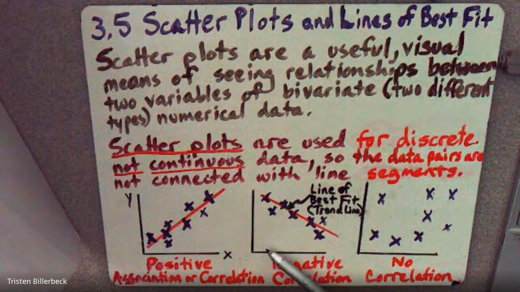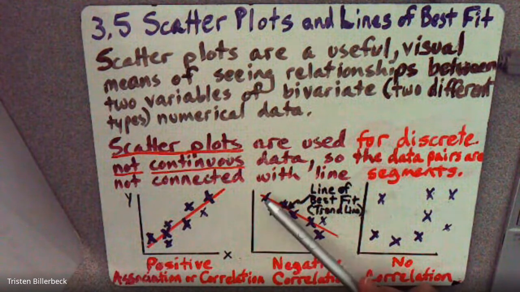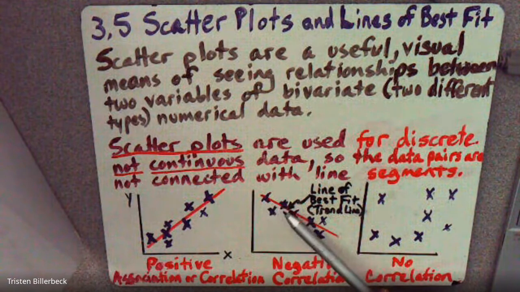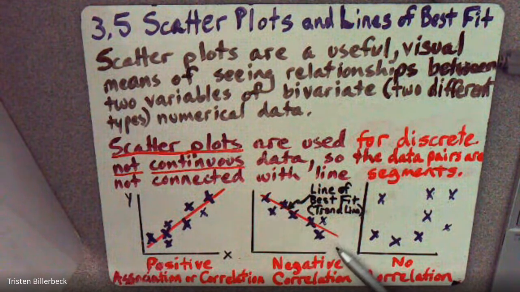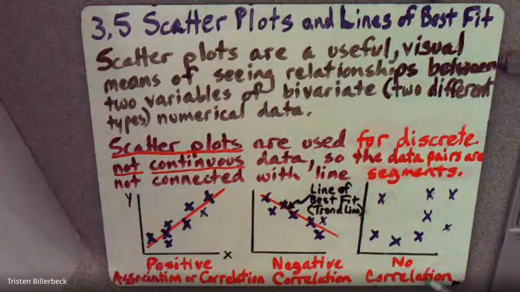It just means that as something increases, like as time increases, the money that you owe if you're paying payments decreases. That would be a good thing. Even though it's a negative correlation, it just means that as x increases, y decreases. Then we have the cloud of data. When we have a cloud of data, that just means there's no correlation at all.